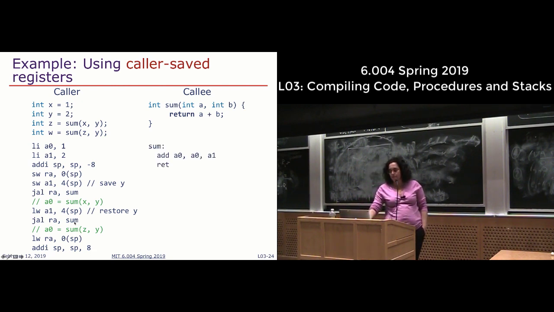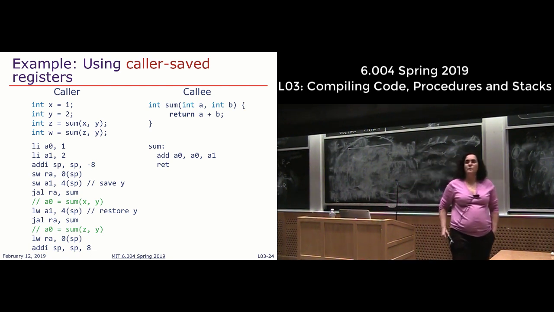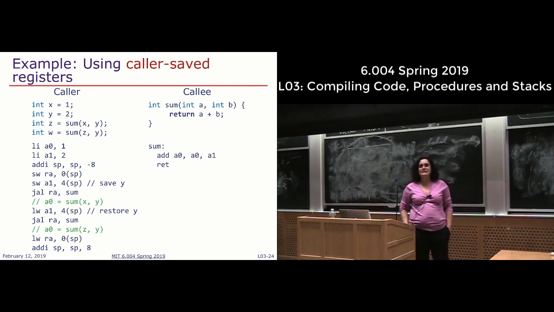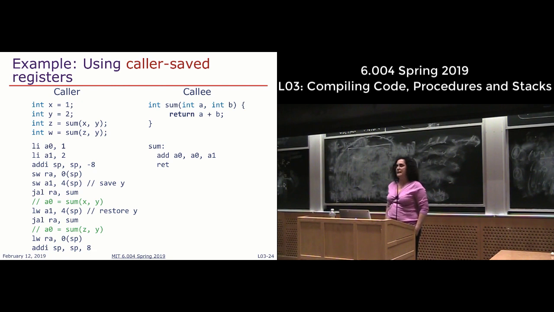And what does my sum procedure do? My sum procedure just takes these values, A and B, and adds them and returns them in A0. So why might I need to save these A0 or A1 registers in this particular example? Can anybody see from the code what is going on that makes me need to use the stack?